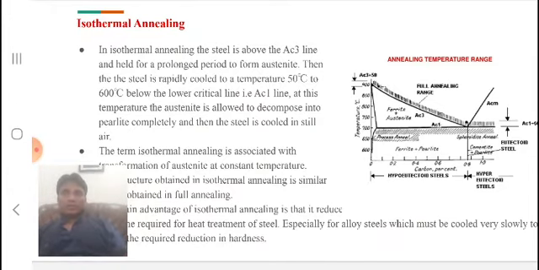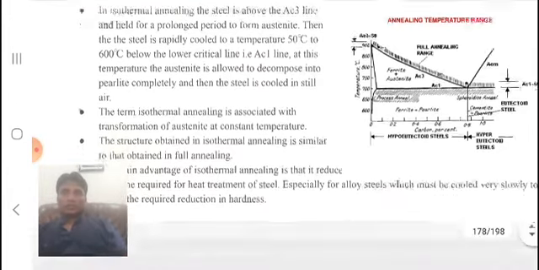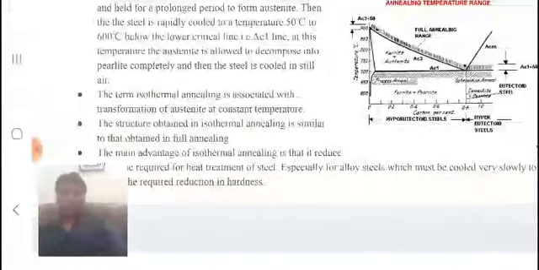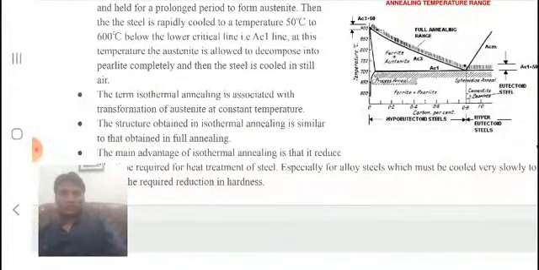So the term isothermal annealing is associated with the transformation of austenite at constant temperature. Isothermal itself indicates constant temperature, so at constant temperature we are doing annealing. That means it is nothing but isothermal transformation, what we have discussed in the previous videos.